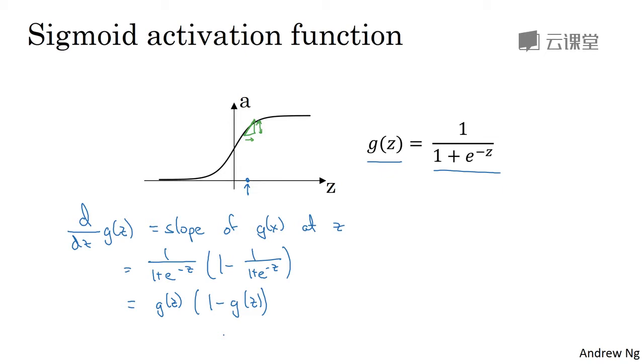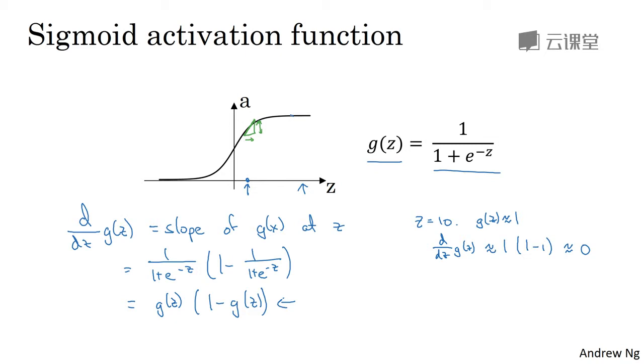So let's just sanity check that this expression makes sense. First, if z is very large, let's say z is equal to 10, then g of z will be close to 1. And so the formula we have on the left tells us that d dz g of z will be close to g of z, which is 1, times 1 minus 1, which is therefore very close to 0.